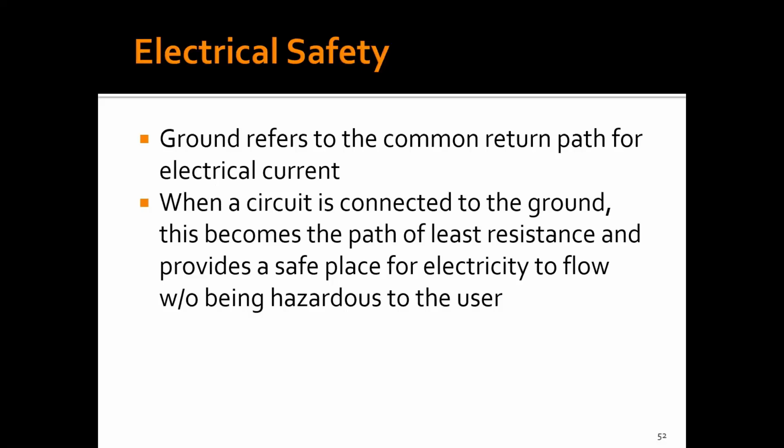So when we talk about ground in relation to electrical safety, it's basically the safe path so that if a voltage or a current were to come through, it can safely exit without causing harm to the system or to a person or anything like that.